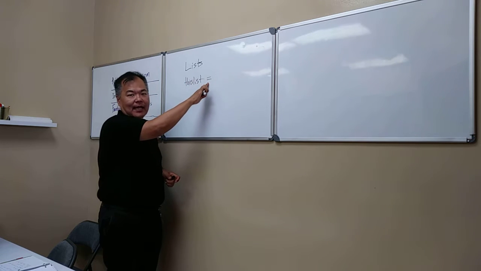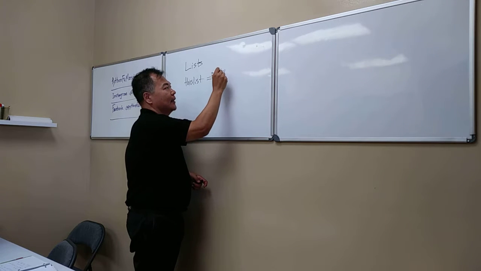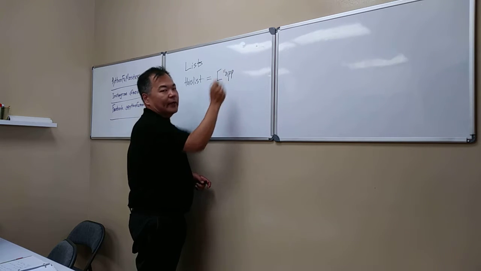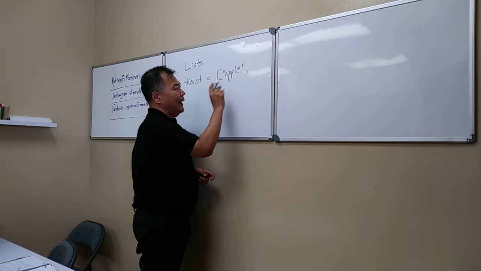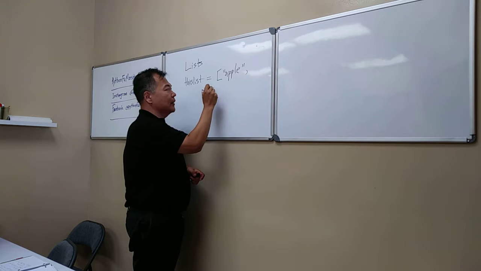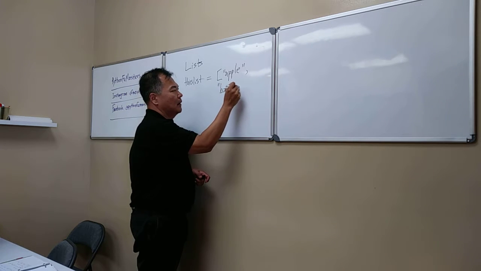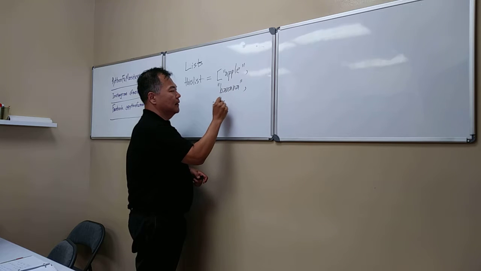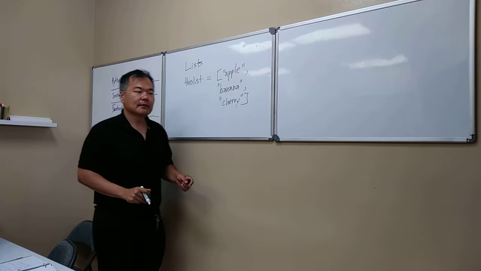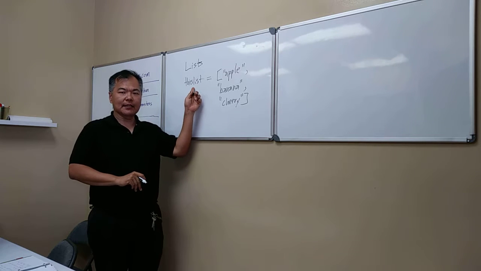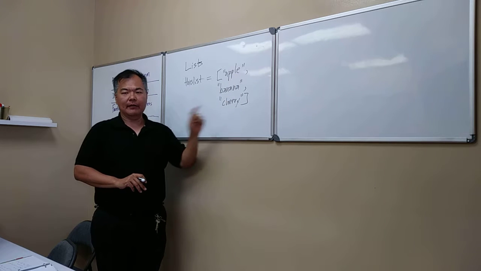Then we need the assignment operator, and then a square bracket, and then we're going to have 3 things in the list: apple, banana, and cherry.